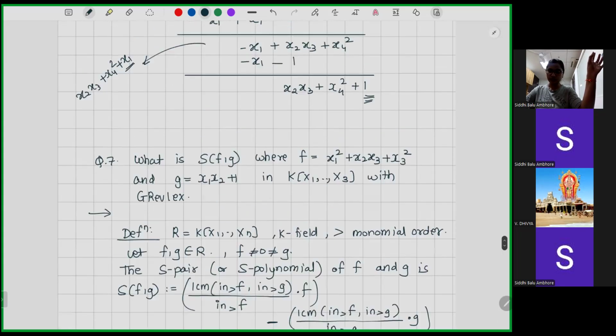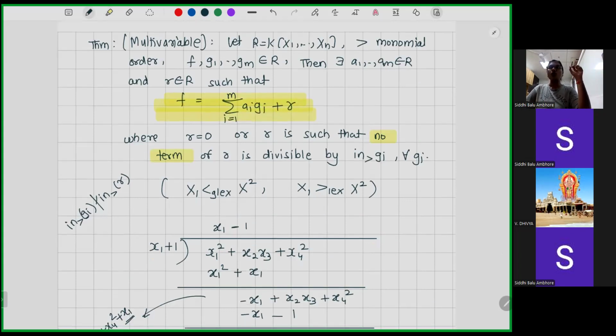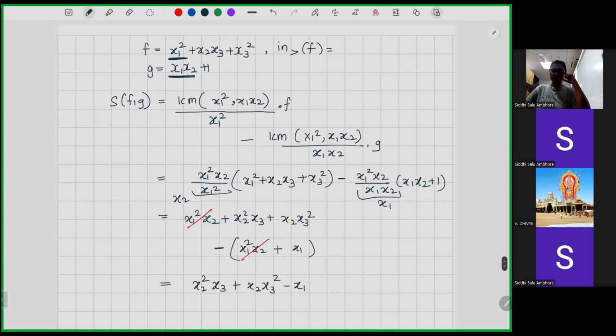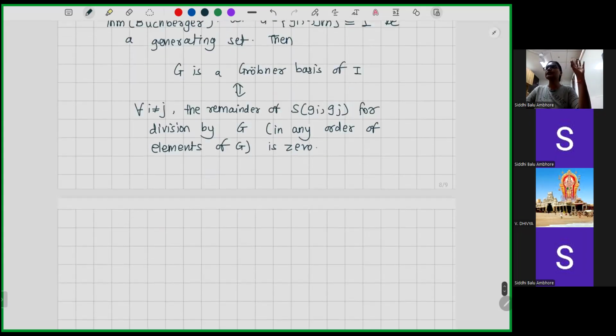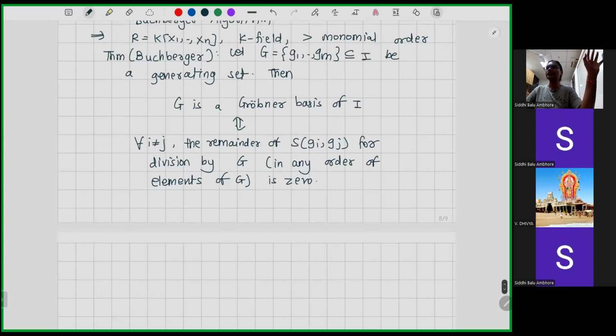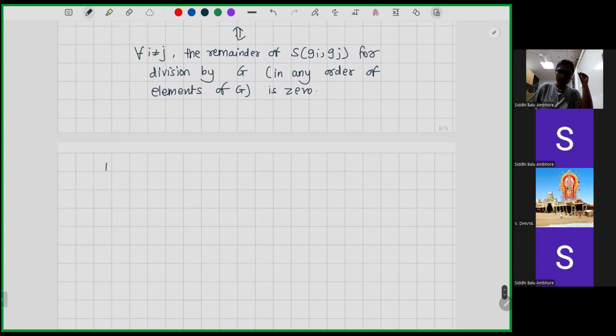We do multivariable division and see what the remainder is. When that remainder is 0 for all S pairs, that gives us a Grobner basis. That is the theorem.